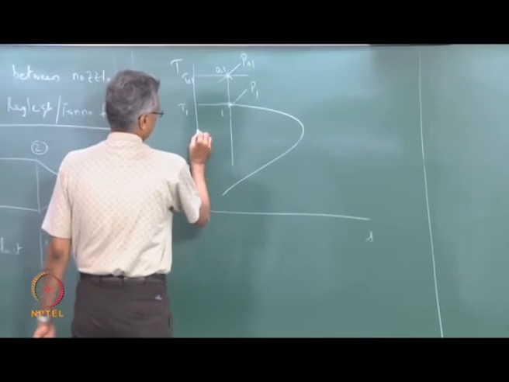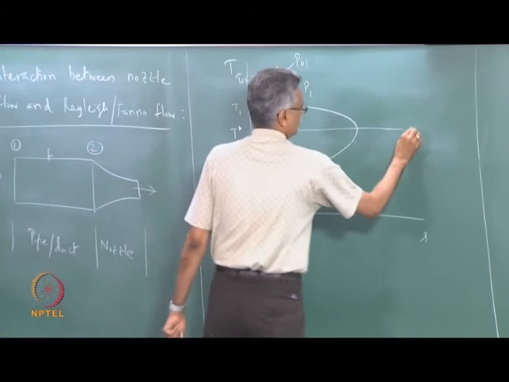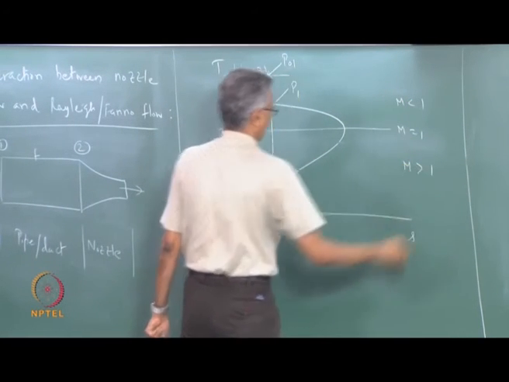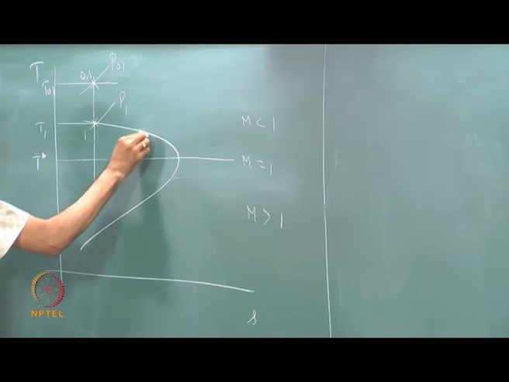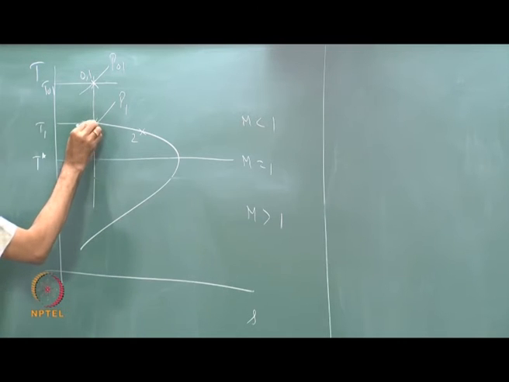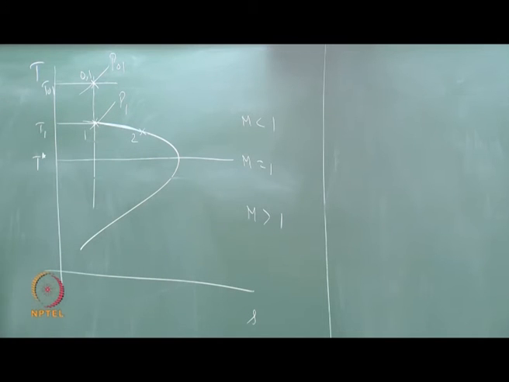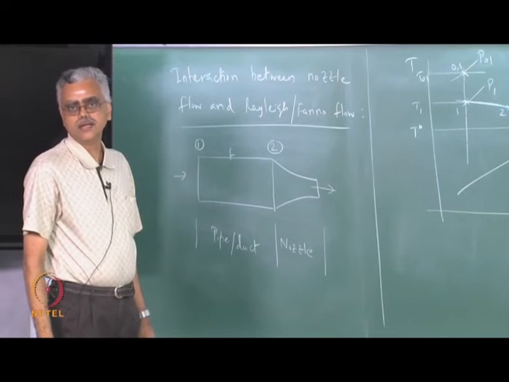And this is my T star, this is M equal to 1. So, I go from state 1 to state 2 along a Fanno line, and from 2 to the throat section, this is an isentropic flow.